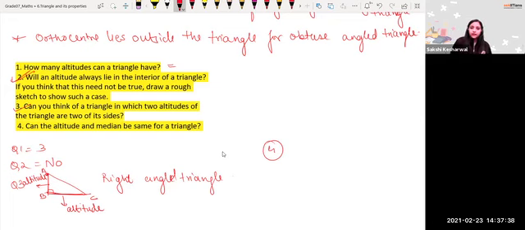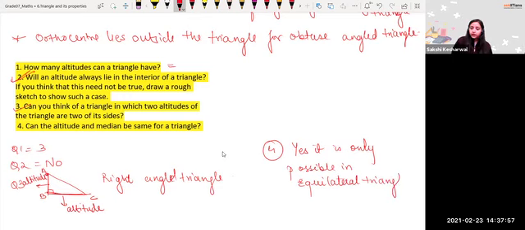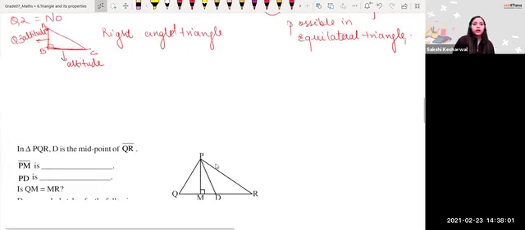That is why we say it is only possible in an equilateral triangle. Otherwise, no. In an isosceles triangle, only specifically one, not others.